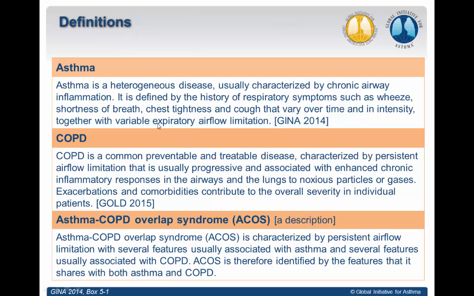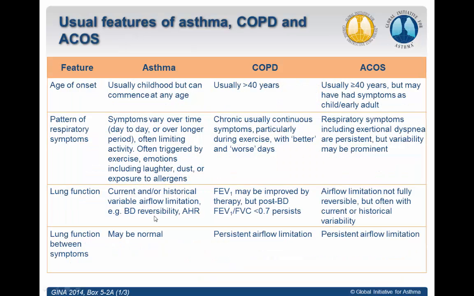Even though COPD is preventable and treatable, it's persistent, it is irreversible compared to asthma. Okay, even though sometimes asthma and COPD tend to overlap in the same patient. So the age of onset in asthma, we discussed, could occur at any age. In COPD greater than 40, and when they coexist it is also an older person.